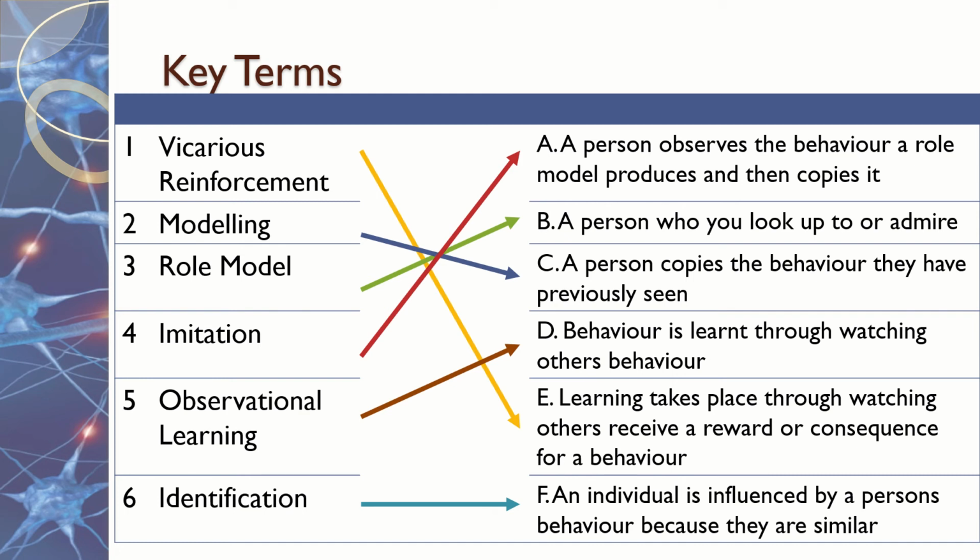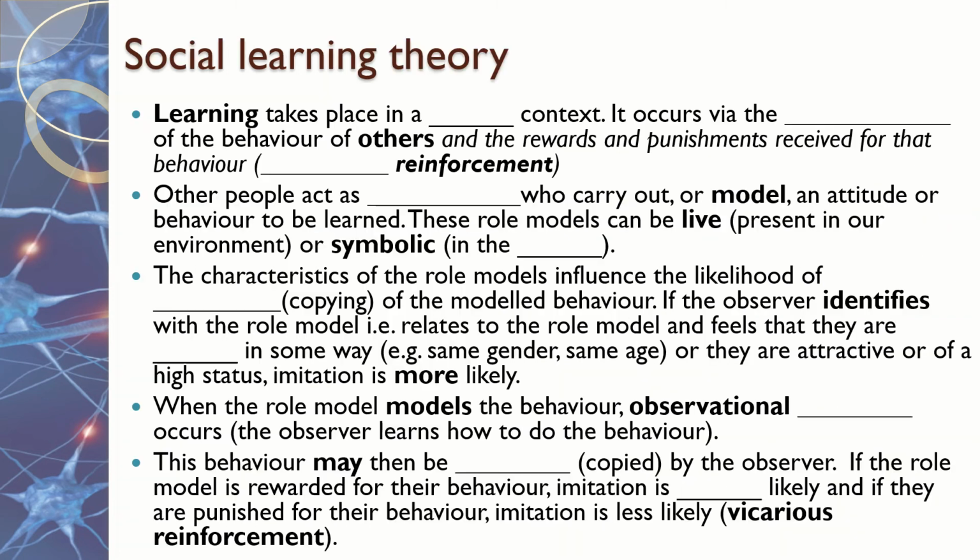Observational learning is the idea that behaviour is learnt through watching others, and identification is the type of person that we select. So we identify with a particular role model because they are similar to us in some way. That might be a similar age, the same gender, it could be a similar personality characteristic or a trait that we look up to them for.